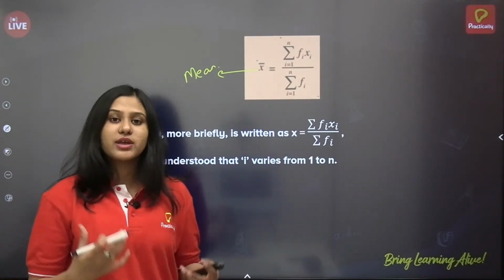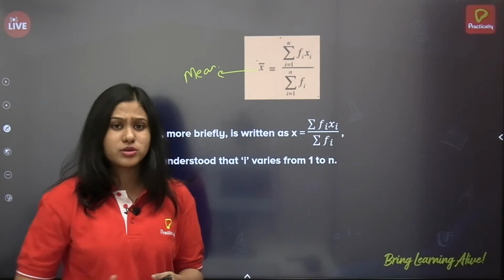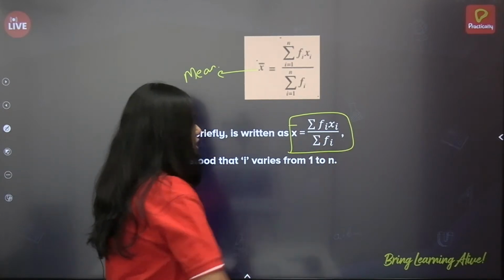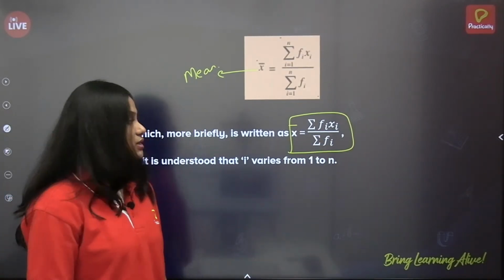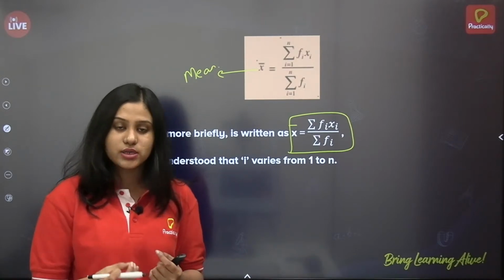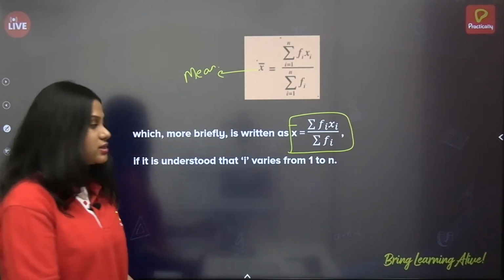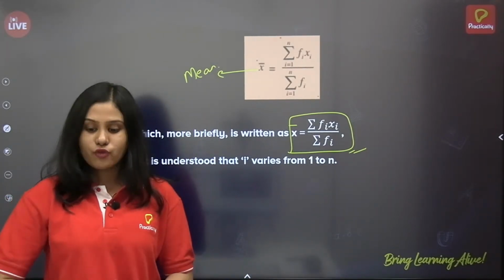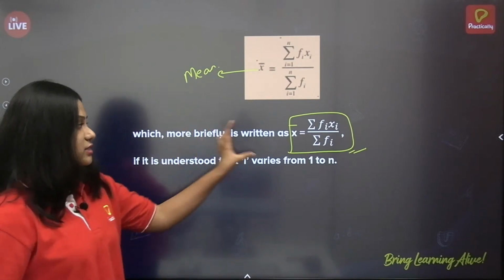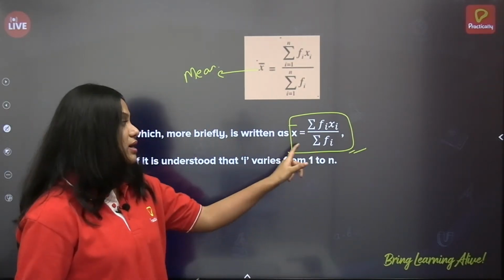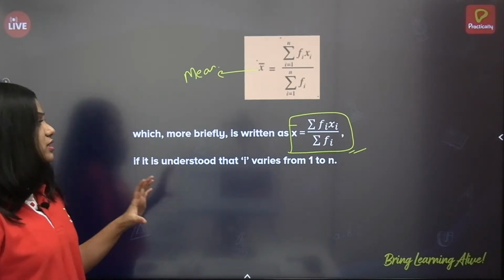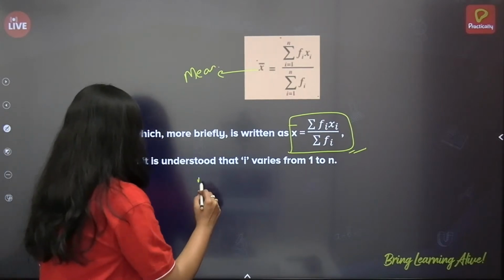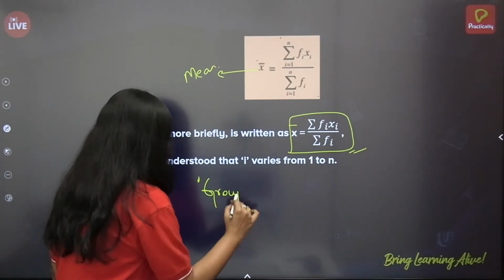Sometimes in the textbook or in some problems, you see it written as x bar equals sigma fi xi by sigma fi. There is no need to write i equals 1 to n. So this is the formula to calculate mean for grouped data.